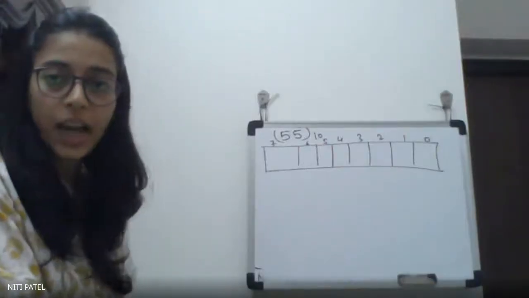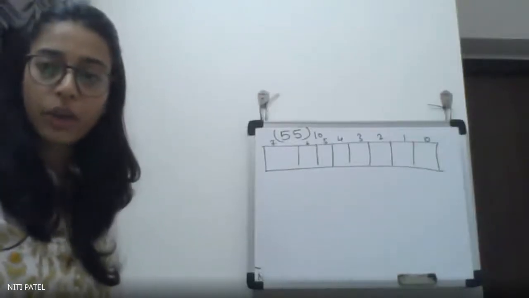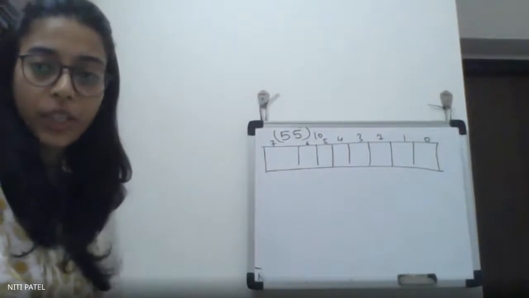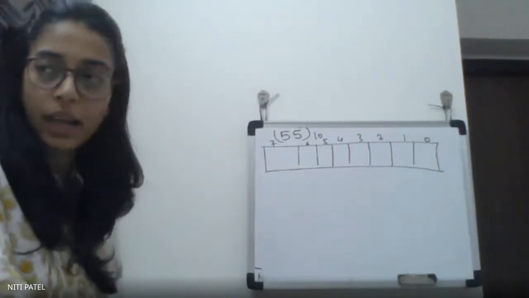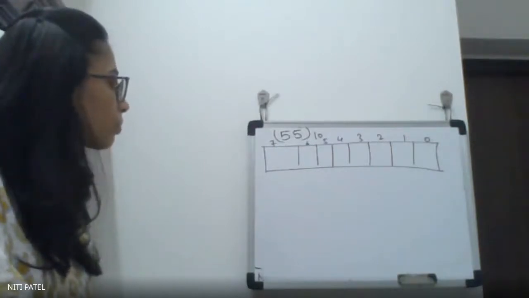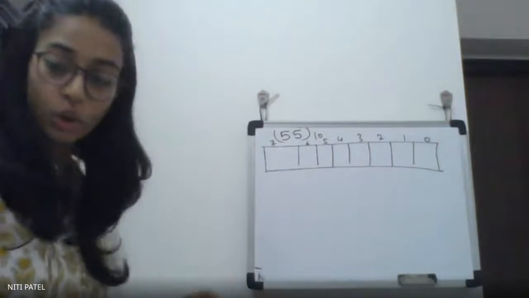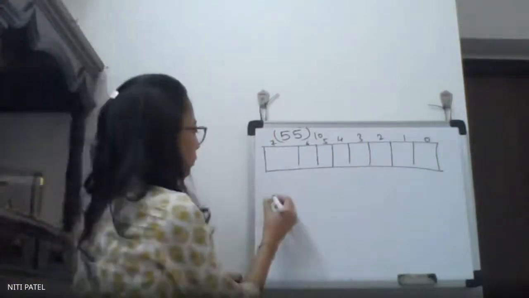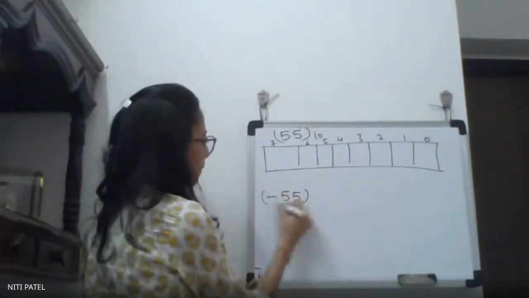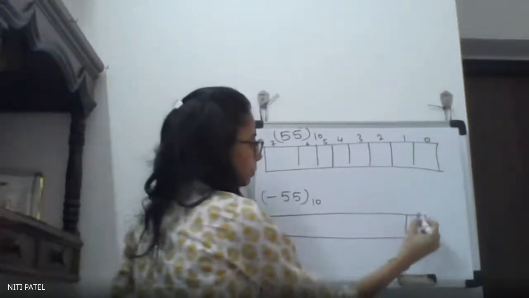Done? Okay. Sanika, have you done? Okay, do. I'll give you 1 minute. It's 12:59 on my watch. At 1 o'clock, I'll ask. Those who have done will also give me for minus 55. Only the sign magnitude representation.